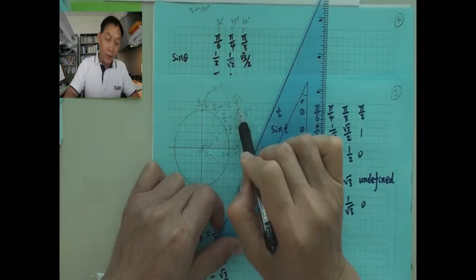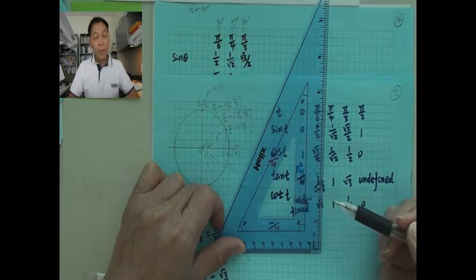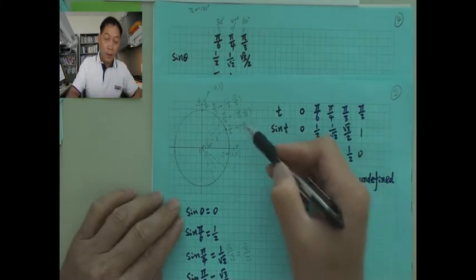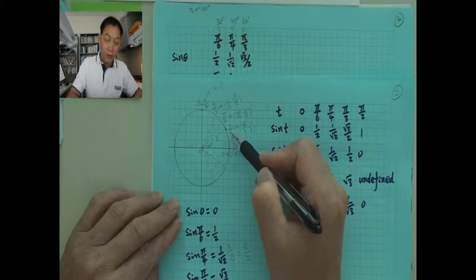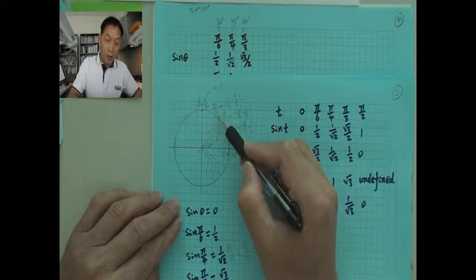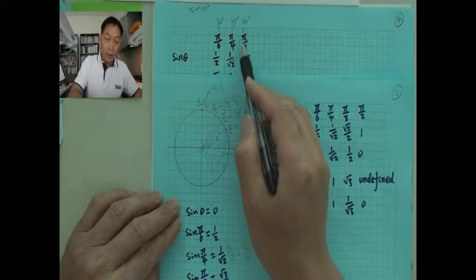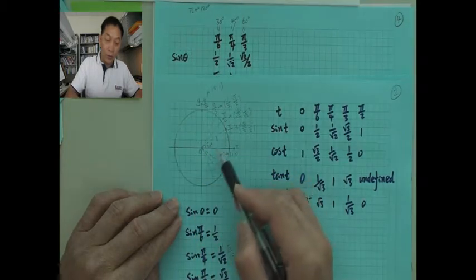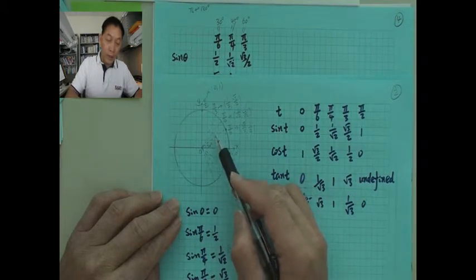So radical 3 over 2 is right here. What we did here is about pi over 6, pi over 4, pi over 3. And you should look at those values in a unit circle in this way.